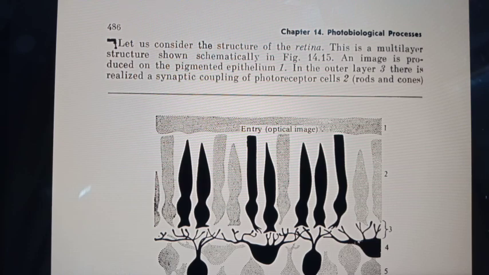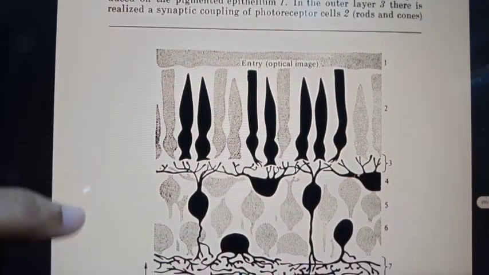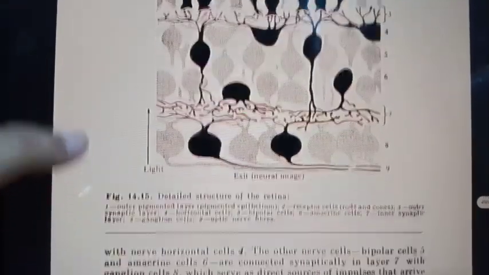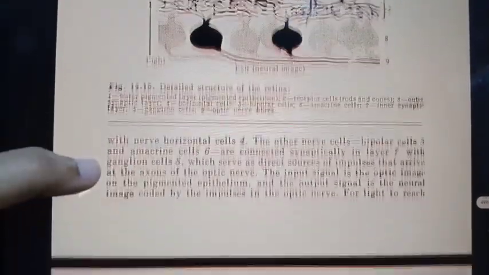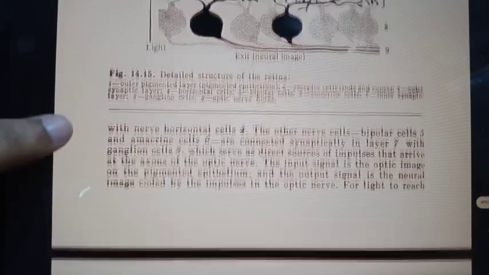There is realized a synaptic coupling of receptor cells, rods and cones, with the nerve horizontal cell, the other nerve cell, bipolar cell, fifth, and amacrine cell, six.